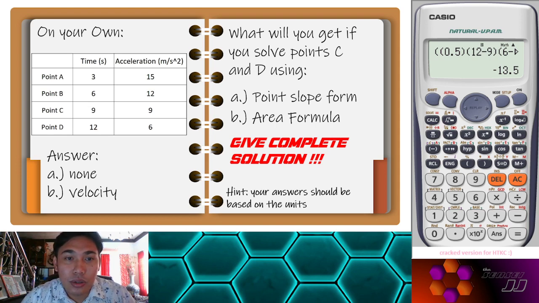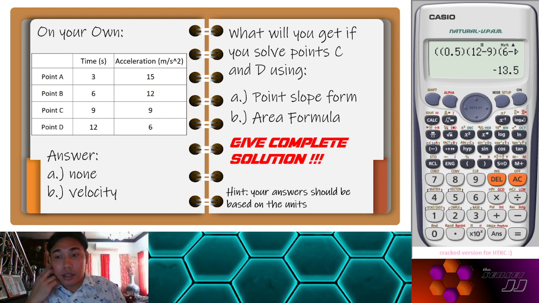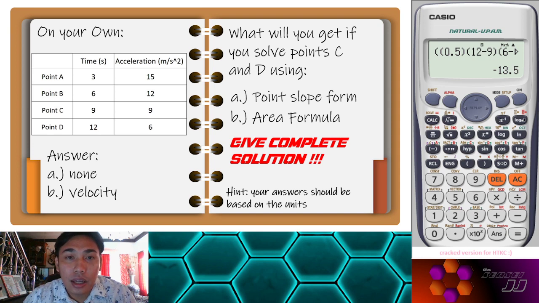Our base is 12 minus 9, and our height is 6 minus 9. Point D is the end point, and the starting point is C, because we're asking for points C and D only.